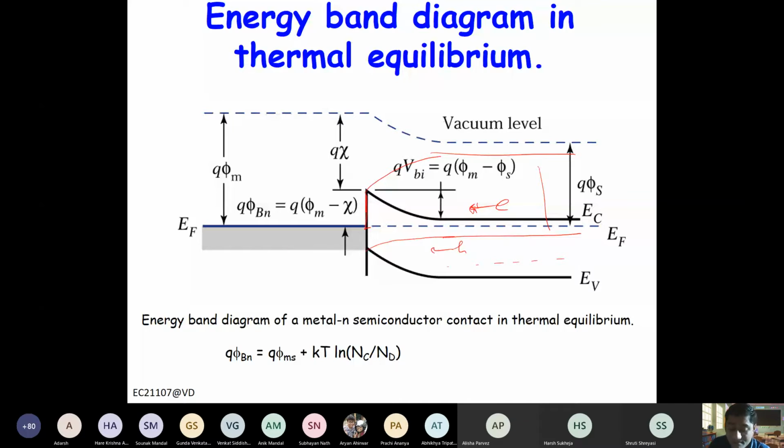Another thing you notice here, if you apply a voltage, what will happen to the barrier? Let's say you apply positive voltage to the semiconductor. Will this Fermi level go up or go down?